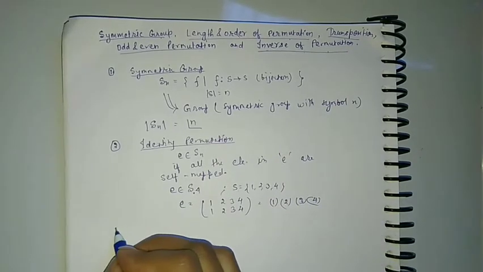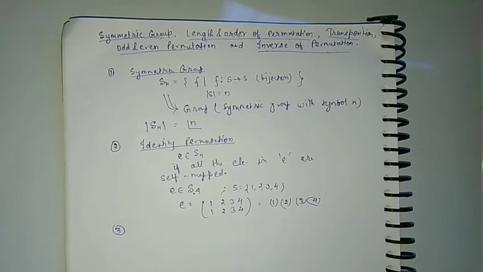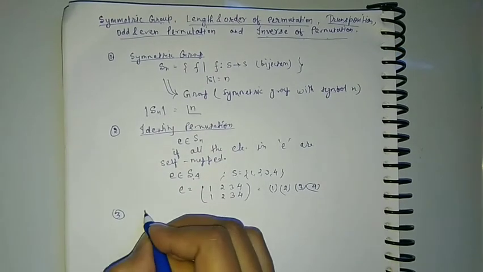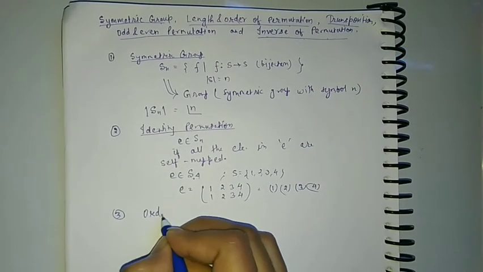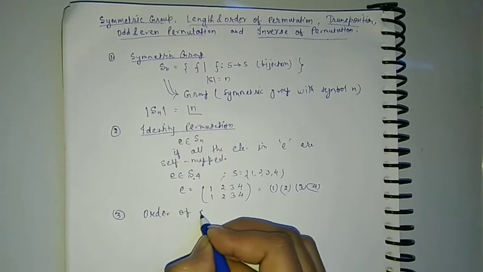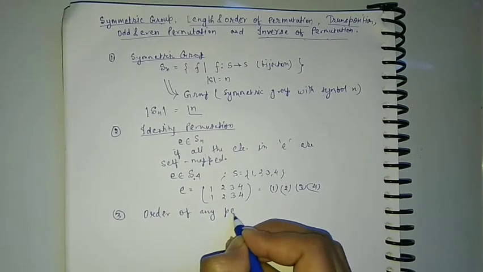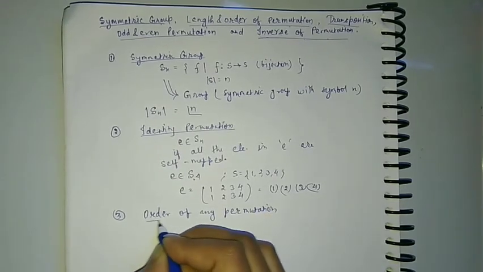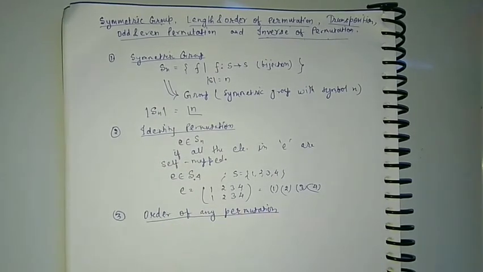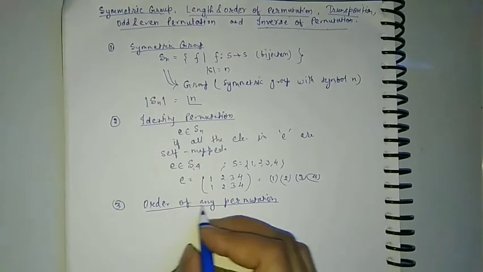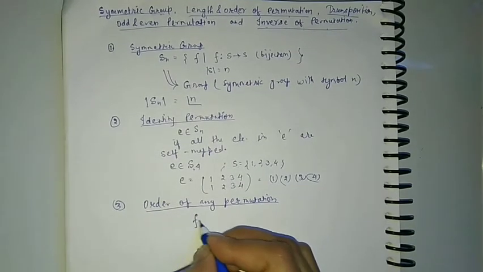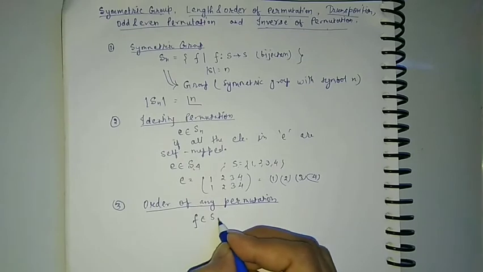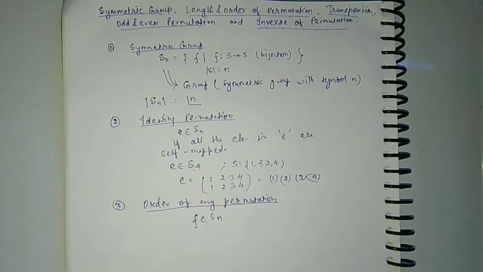Now going to our next concept, that is, the order of any permutation. First we will discuss the basic definition of the order of a permutation. Let f be any permutation on Sn.